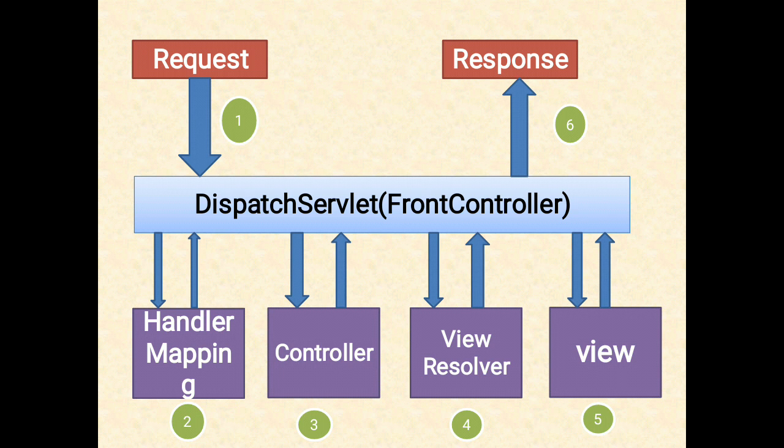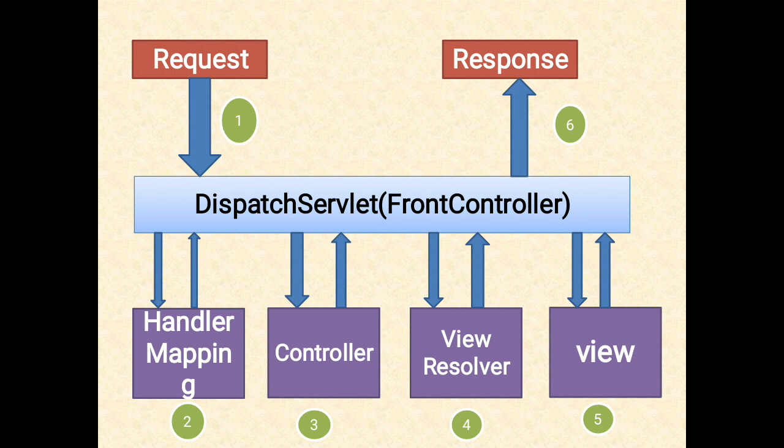This servlet is called the dispatcher servlet. The main purpose of the dispatcher servlet is to receive all incoming requests and coordinate the different subsystems of Spring MVC. The dispatcher servlet also creates a web application context which contains web-specific components such as controllers and view resolver.